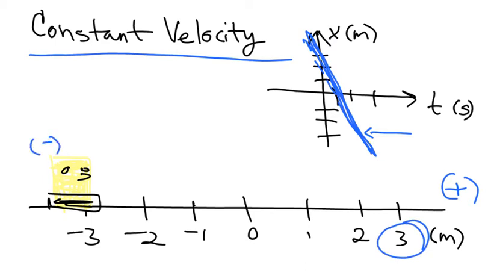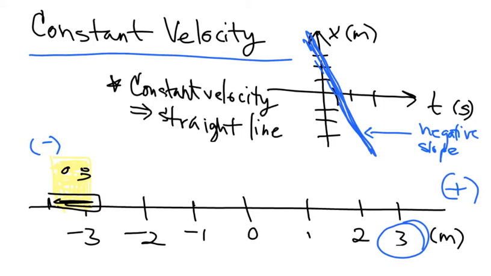If you look at our line, we have a negative slope. So once again, to summarize, constant velocity gives us a straight line.